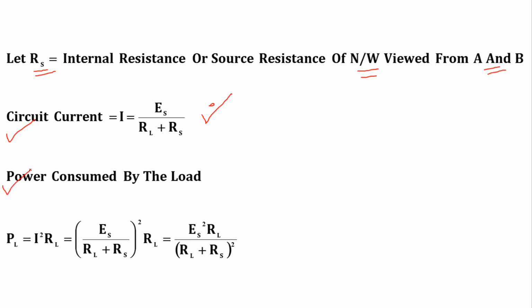Now the power consumed by the load: we know that the formula for the power consumed by the load is equal to I square RL. Now I is equal to ES upon RL plus RS, so we will put this value: ES upon RL plus RS whole square multiplied by RL.